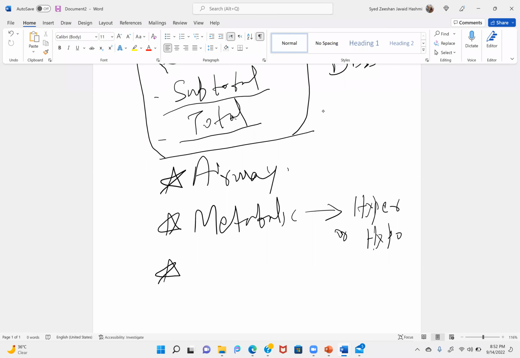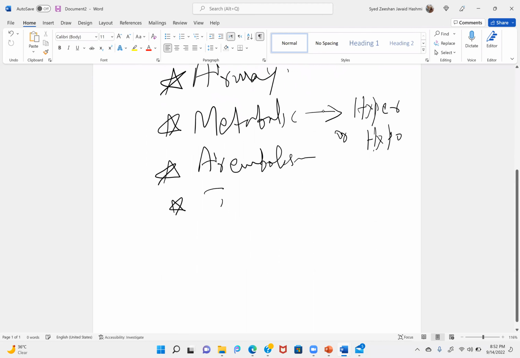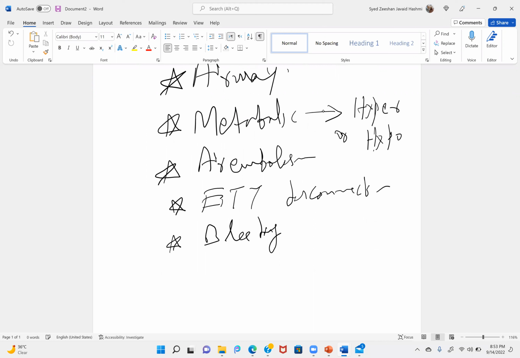What are the other problems which we should be considering? Is there any risk of air embolism? Is there any problem related to endotracheal disconnection? They are near major vessels, so bleeding can occur. What else?